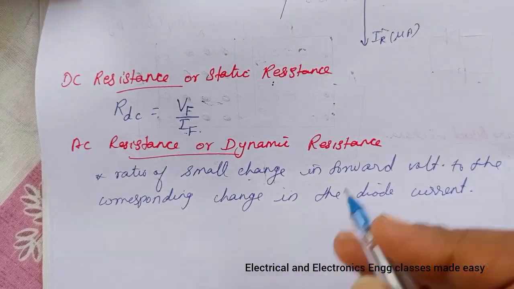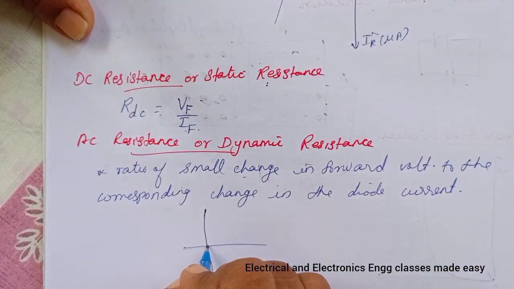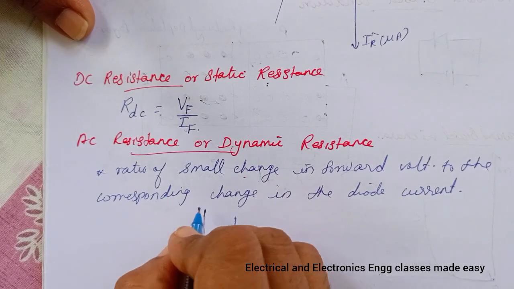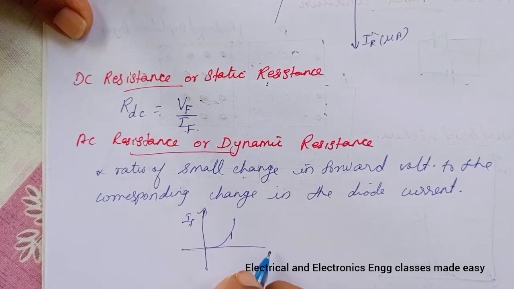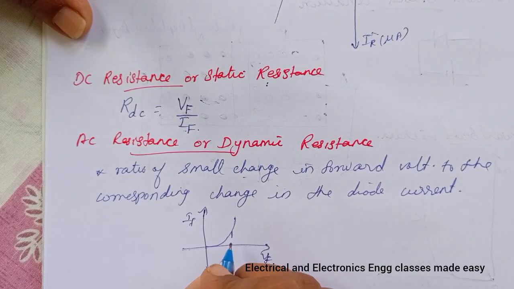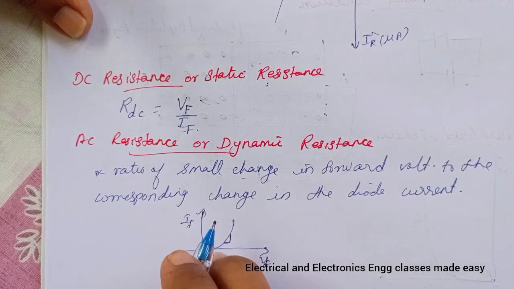So in the forward biased condition, the graph is like this. So this is IF and this is VF, and AC resistance is equal to the reciprocal of the slope of the characteristics at that point.